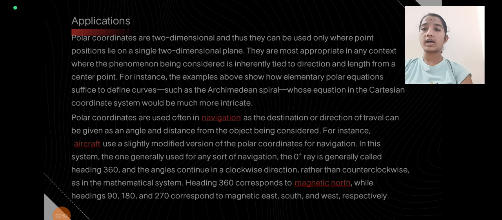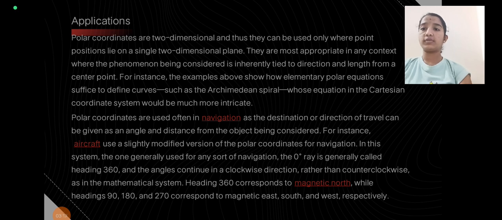Polar coordinates are also used often in navigation, as the destination or direction of travel can be given as an angle and distance from the object being considered. For instance, aircraft use a slightly modified version of the polar coordinates for navigation.